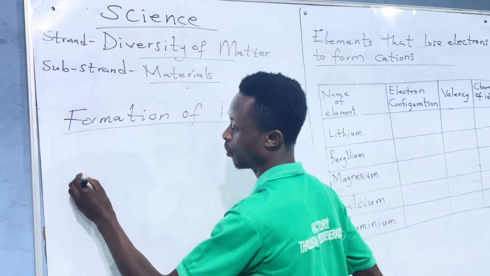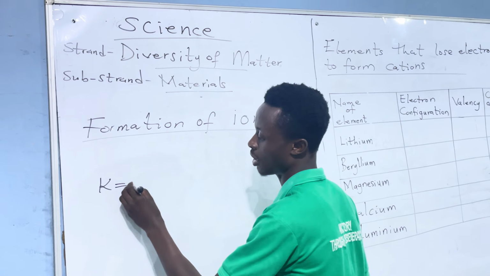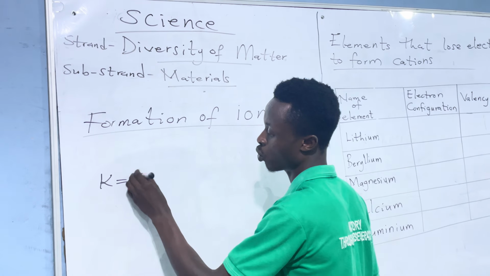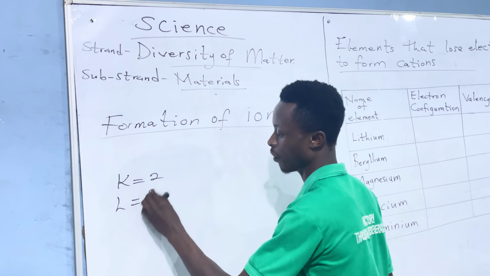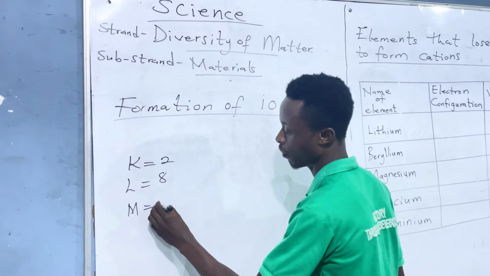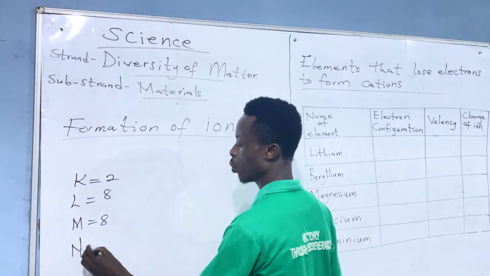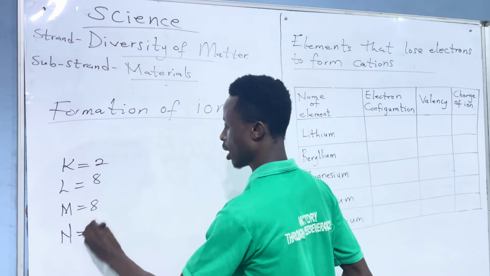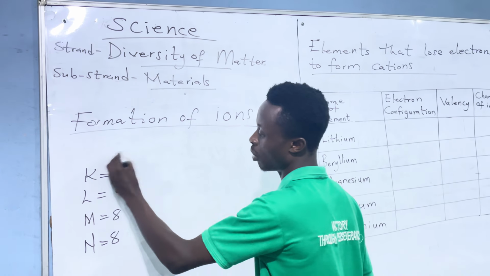From the shells, we saw that the K shell takes a maximum of 2 electrons, the L shell takes a maximum of 8 electrons, the M shell takes a maximum of 8 electrons, and the N shell also takes 8 electrons, for it to be stable. This one is the doublet rule.